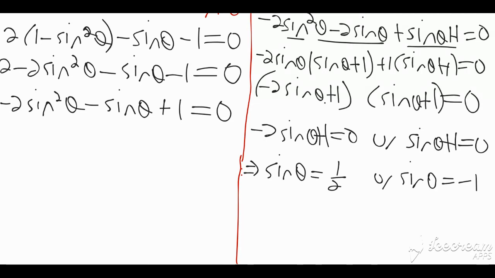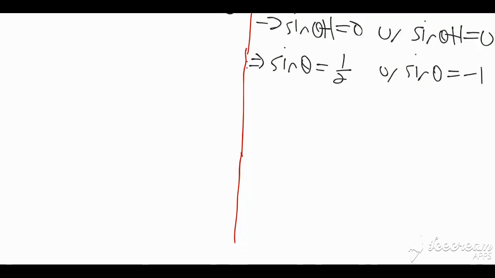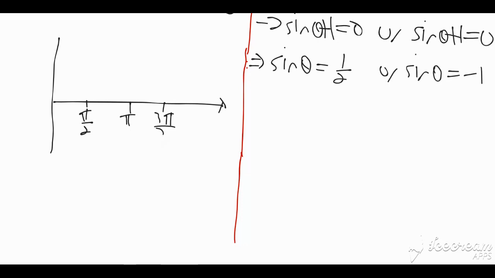I'm simply just going to sketch a graph between 0 and 2 pi. Now, of course, you should remember what the graph looks like. Alright, we go up by pi over 2, so I'm going to have pi over 2, pi, 3 pi over 2, and 2 pi. The maximum value, recall, is 1, and the minimum value is negative 1.